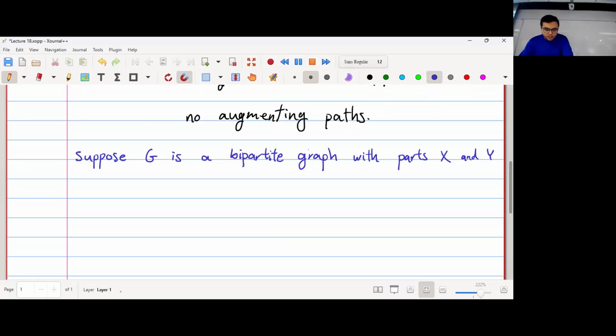So let's say the size of X is less than or equal to the size of Y. I want to see if it's possible to have a matching that basically covers every vertex in X, that matches every vertex in X.